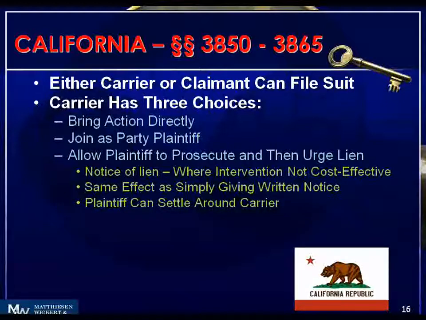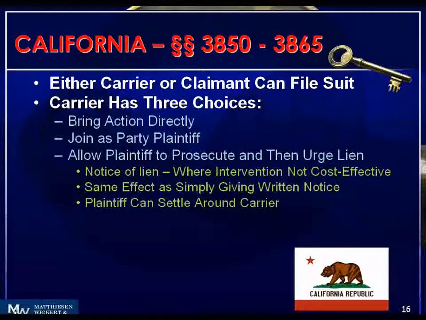You can either bring the action directly as the comp carrier, you can join as a party plaintiff, you can intervene and join into the suit and help prosecute it, or you can sit back and allow the plaintiff to prosecute the suit on his or her own, and then later when he makes a recovery, urge a lien. You can do so in one of three ways. You can file a notice of lien.